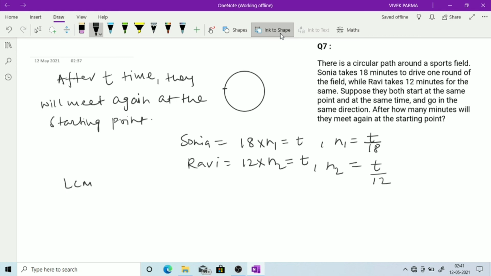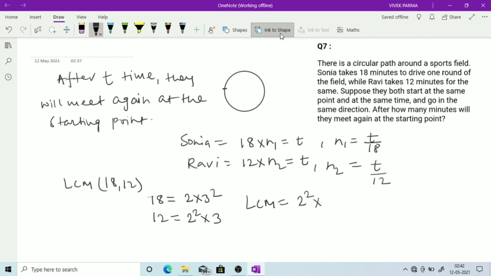So here, what is the LCM of 18 and 12? Here 18 is 2 into 9, so 2 into 3 square, and 12 is 3 into 4, so 2 square into 3. And we know that LCM is the product of the highest power of each prime factor. So what is the highest power of 2 here? 2 square.